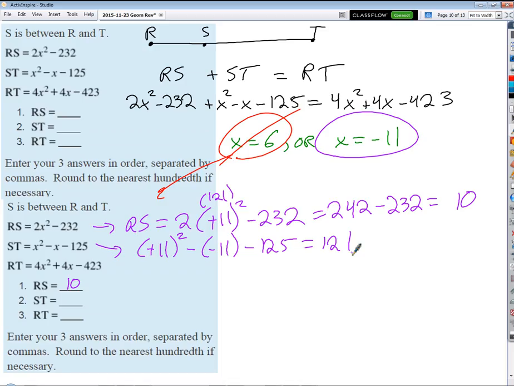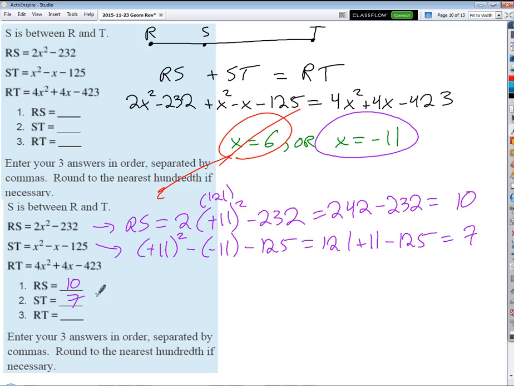Minus negative 11 is the same as what? Plus 11. Minus 125. So what's that going to give us? 132 minus 125 is what? What do you think? 7. Good.